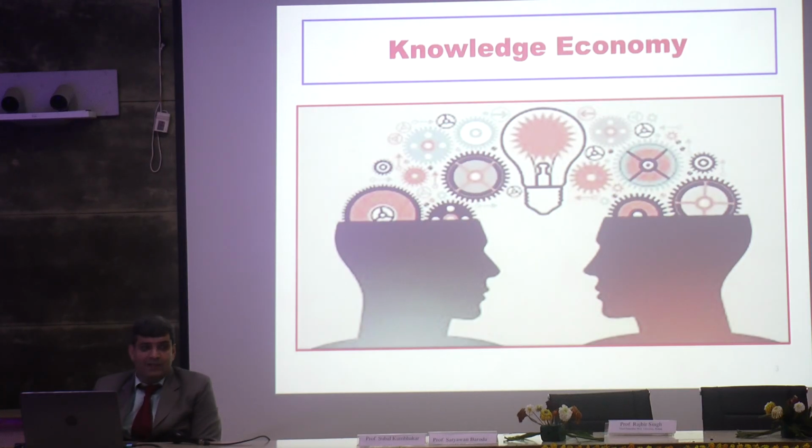In a knowledge economy, one can survive and enjoy with knowledge. But previously our economy was an agricultural economy, so people did not even believe that knowledge can be a source of income. But now, with knowledge, we live a comfortable life.